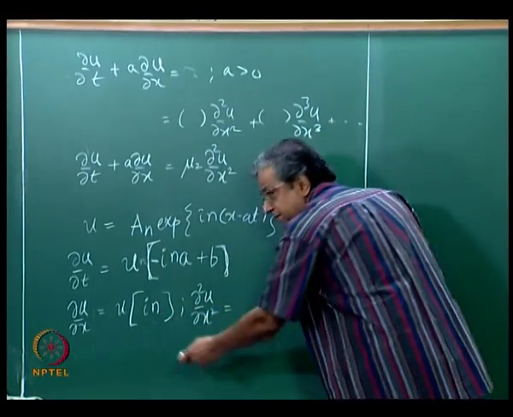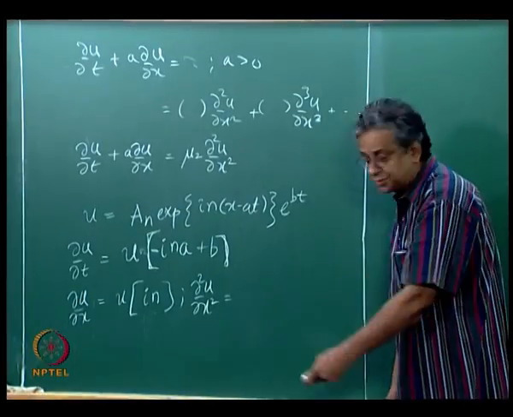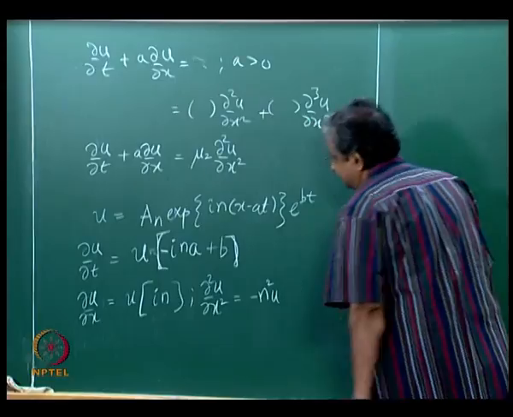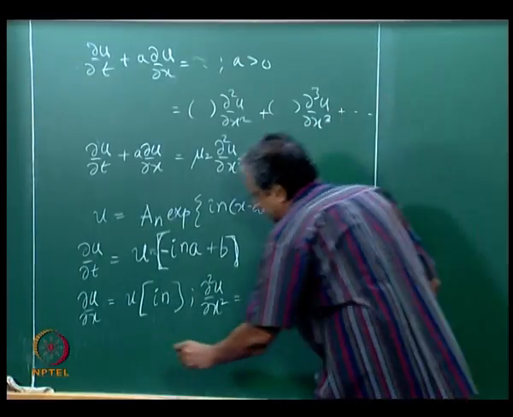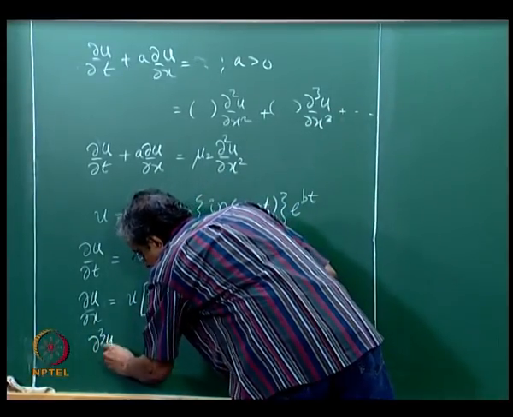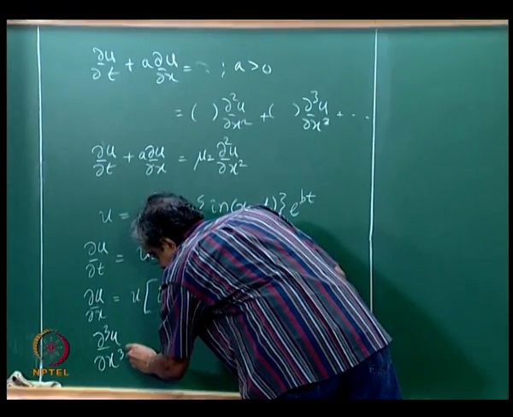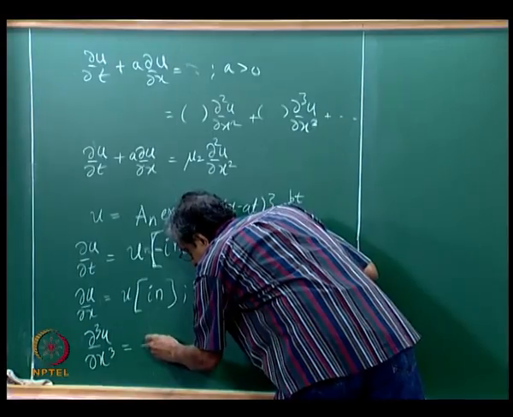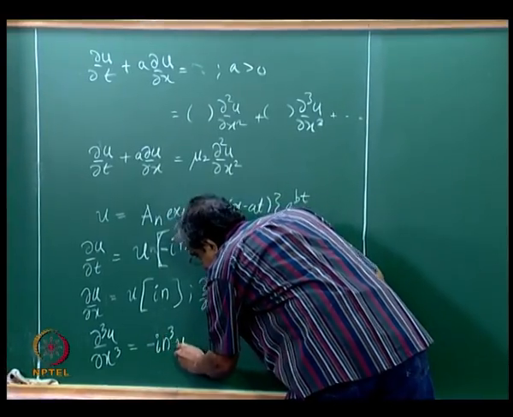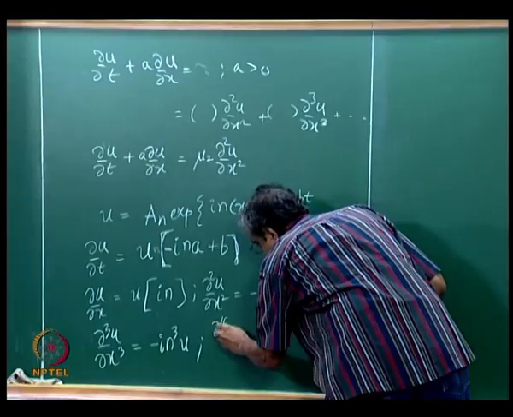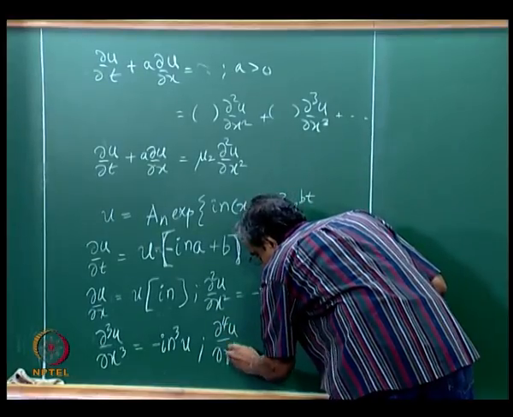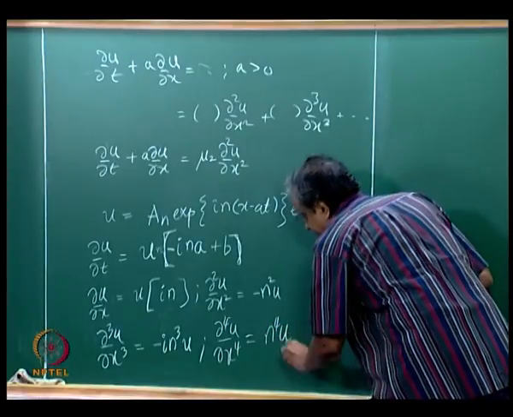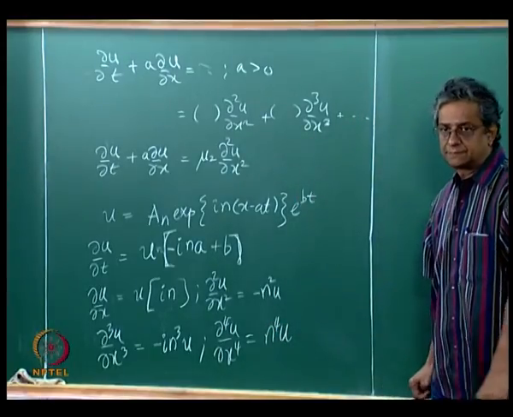You will get another i n, every differentiation with respect to x you will get an i n, so that will become minus n squared u. ∂³u/∂x³ gives me an i n times that, minus i n cubed u, and finally ∂⁴u/∂x⁴ is n to the fourth times u. Is that fine? Everybody is with me?